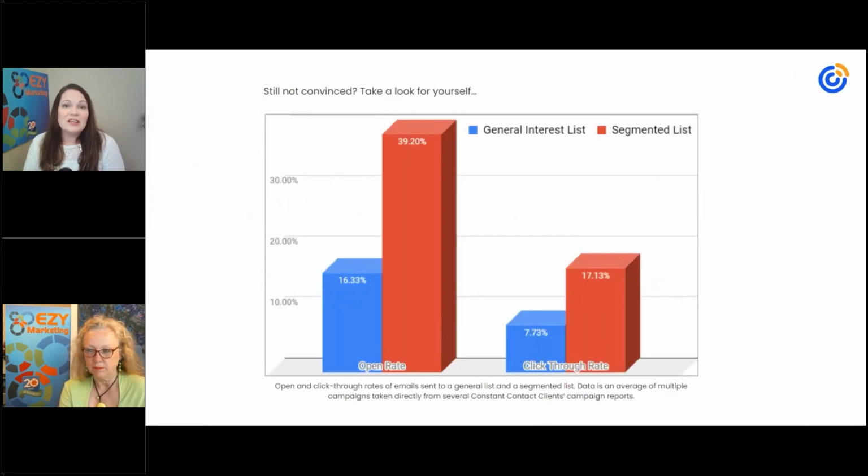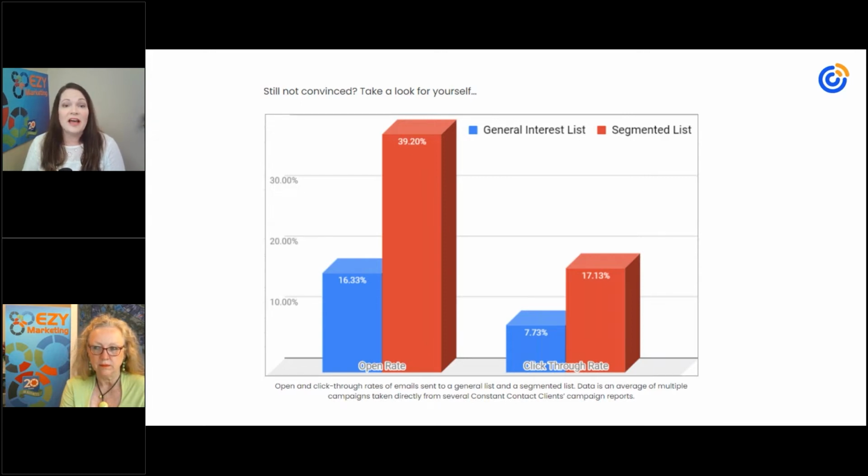So click segmentation is really what we call the secret sauce of email marketing because it helps you get the right information to the right people. If we look here on the left at opening rates, which is the percentage of people who saw the email in their inbox and opened it, you'll see that the segmented list in red gets 2.5 times more opens than just a general interest list. On the right, the same thing.